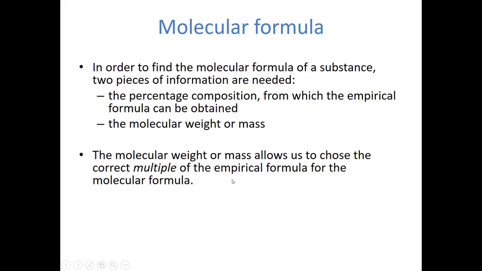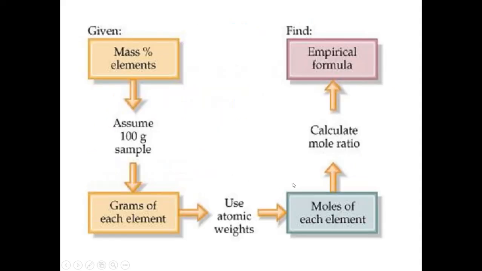And the molecular weight ataupun mass allow us to choose the correct multiple of the empirical formula for the molecular formula. Maksudnya kamu kena dapat dulu empirical formula, baru kamu boleh dapatkan molecular formula. So yang ni adalah dia punya flow chart untuk kamu kira last kali macam mana you dapat empirical formula.